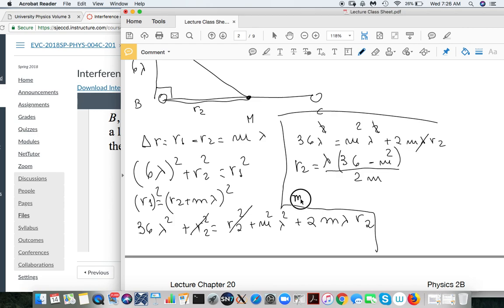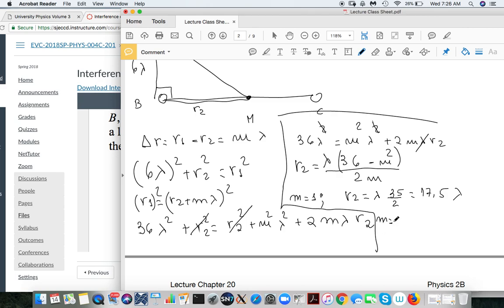So if you put m equal 1, we have R2 equal to lambda times 36 minus 1 squared, which is 35, divided by 2. That is 17.5 lambda, is that correct? Yeah.